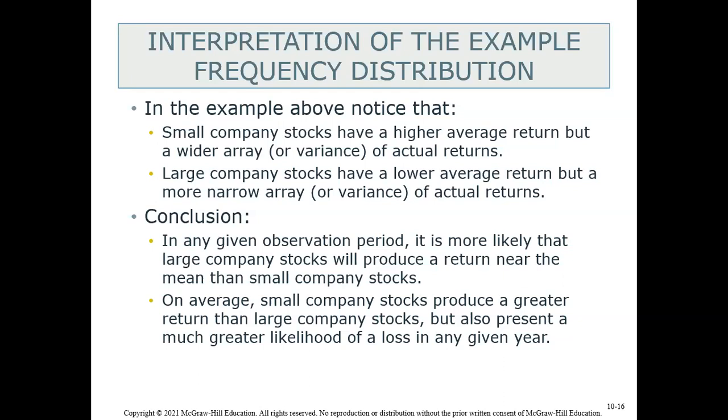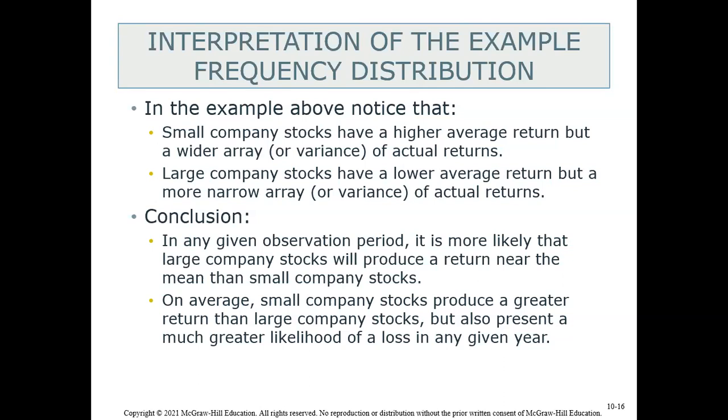So in any given observation period, it's more likely that large company stocks will produce a return near the mean or the average than the small company stocks. And this takes us back into statistics. I hope we had some experience in that. Remember, the mean is your average, basically, where the majority of your observations hover around.